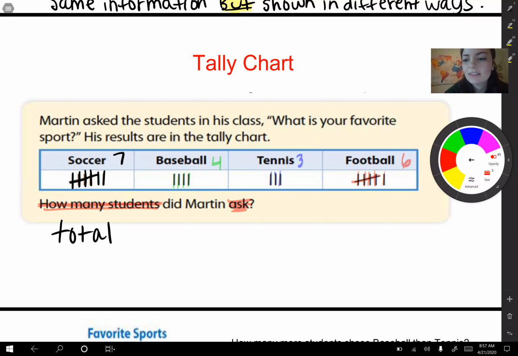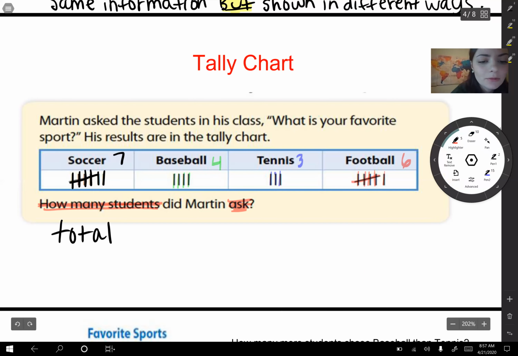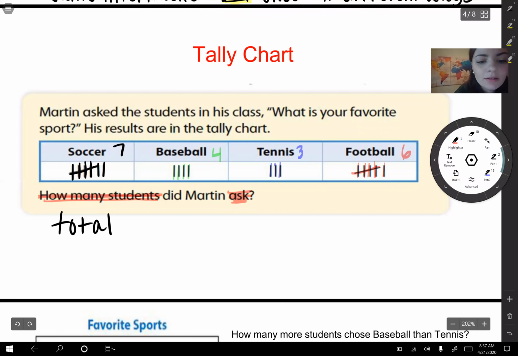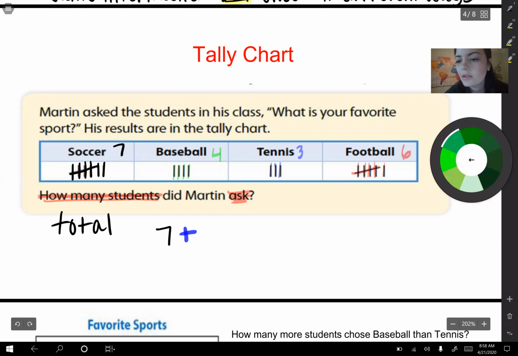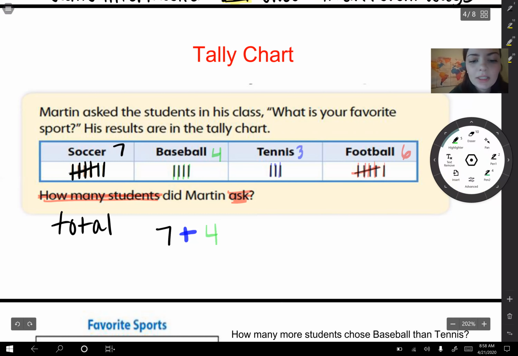So we're gonna take 7 plus 4 plus 3 plus 6.